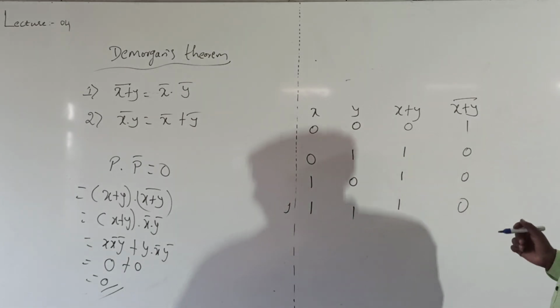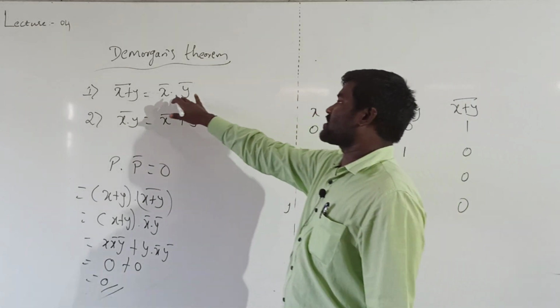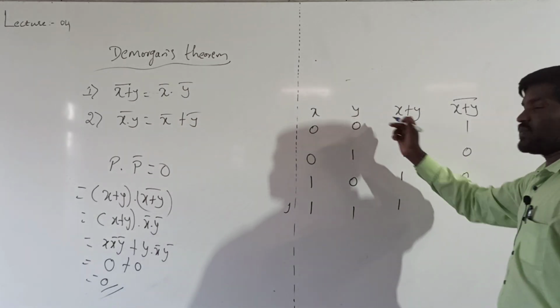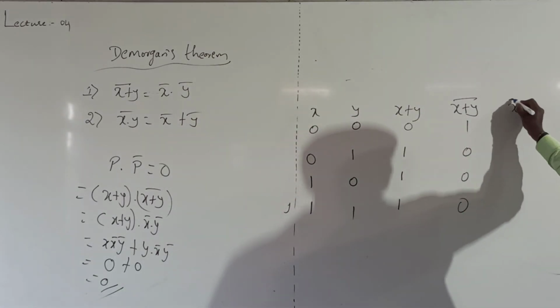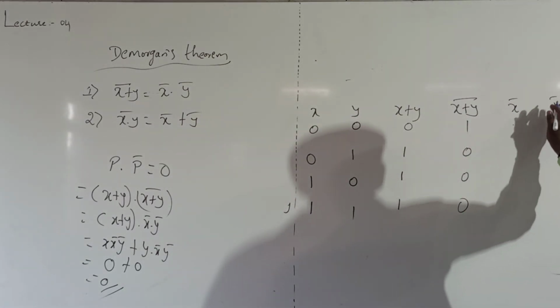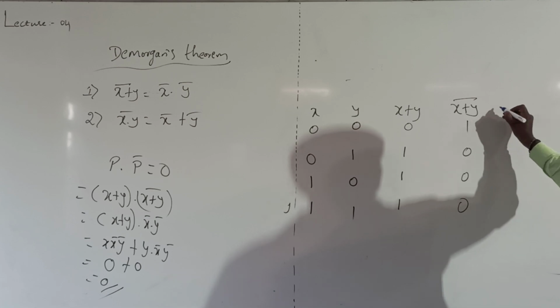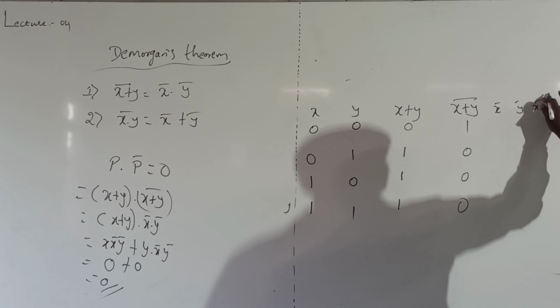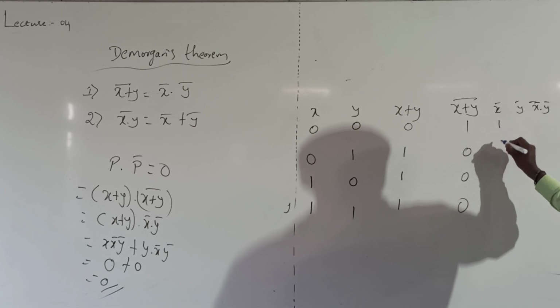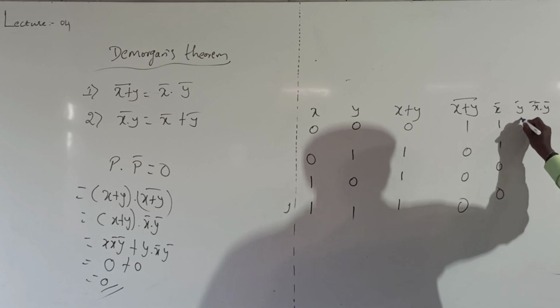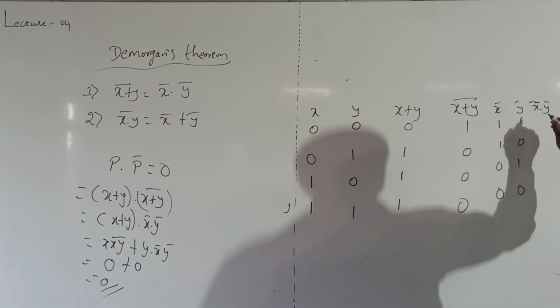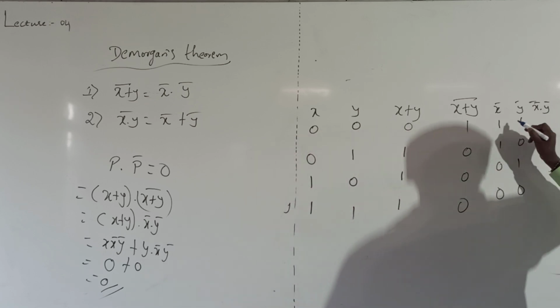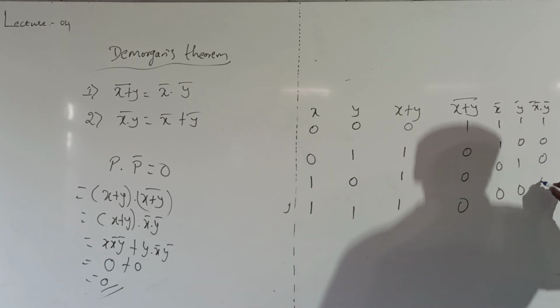In the right hand side, x bar into y bar is there, but here x and y are there. Again we have to find out x bar and y bar. X bar is 1, 1, 0, 0. Y bar is 1, 0, 1, 0. X bar into y bar, just you can multiply: 1 into 1 is 1, then 0, 0, 0.